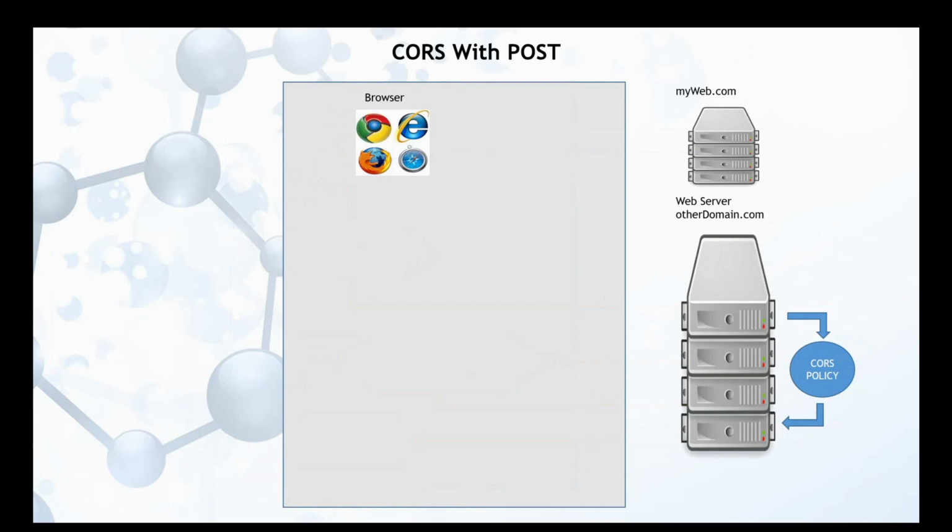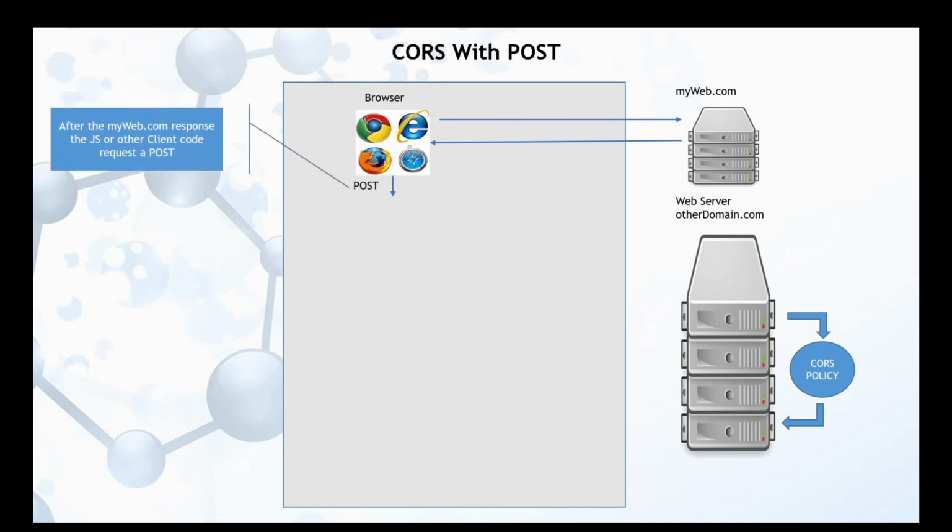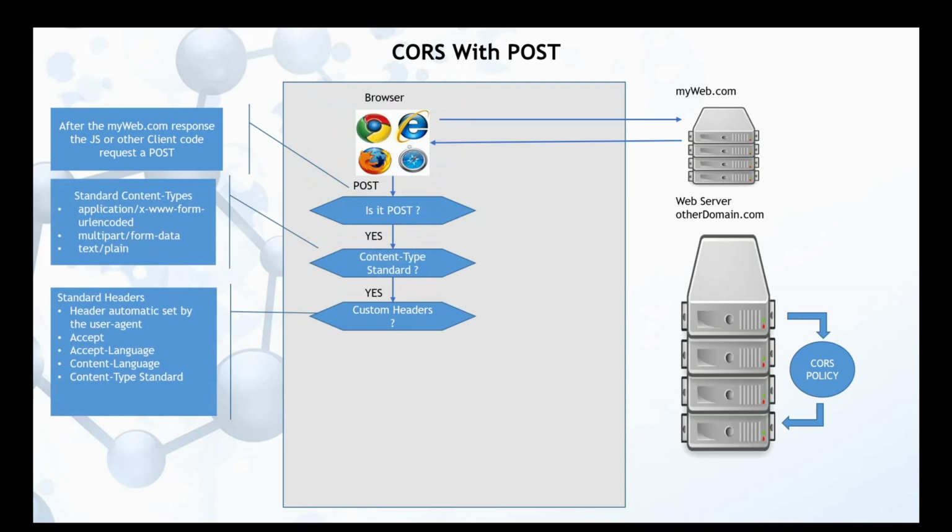The CORS condition for executing an HTTP call is more complicated when a POST is used. Let's follow the sequence. In the beginning, the browser loads the original page from myweb.com. After that, suppose that the client code begins a cross-domain request with the verb POST. The browser takes the request and analyzes if it is a POST. If it is a POST, then the browser analyzes if the header Content-Type has a standard value.